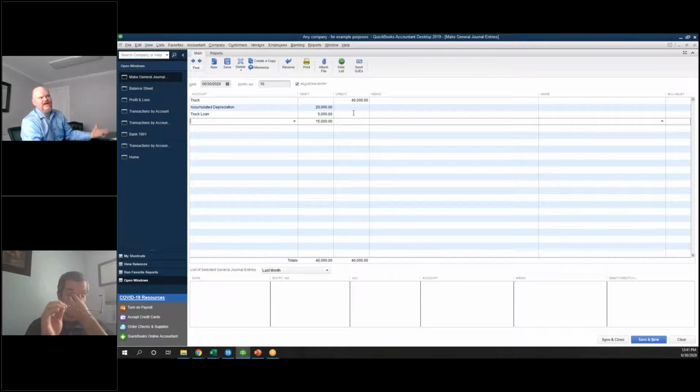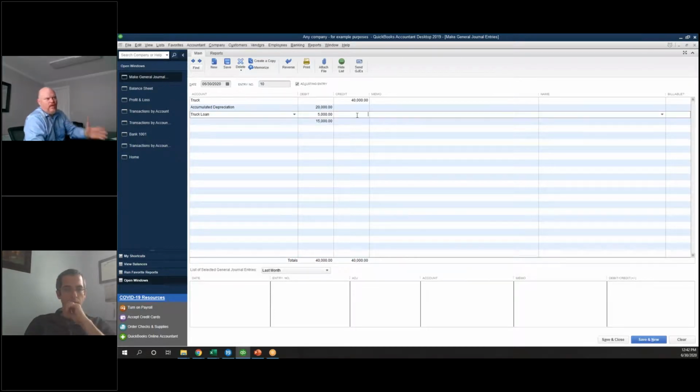It could also be that you got $25,000 worth of trade-in, in which case you would record, I got $25,000, so my loan would be reduced by $25,000.